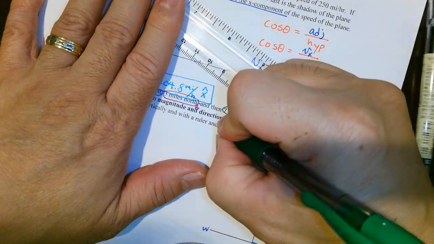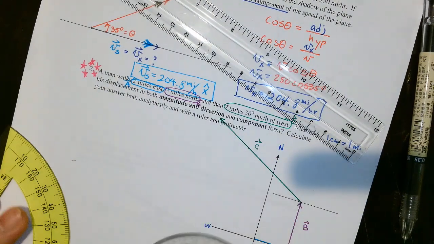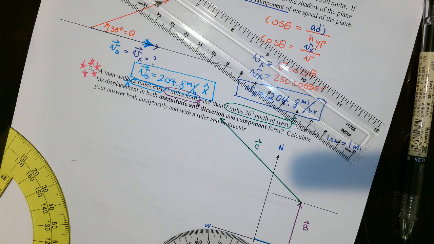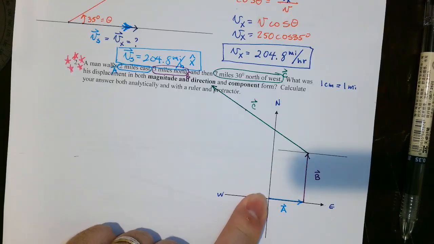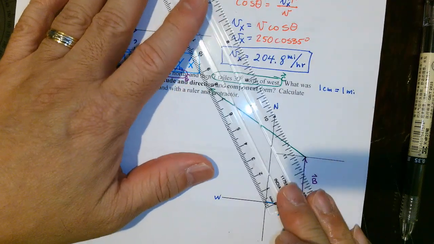So here's my 7 miles right here. So that's my C vector. And my resultant will be from the origin, where I started, to the tip of my last vector, which is C. And let's see how that works out.